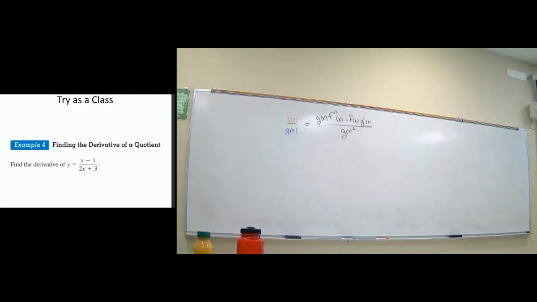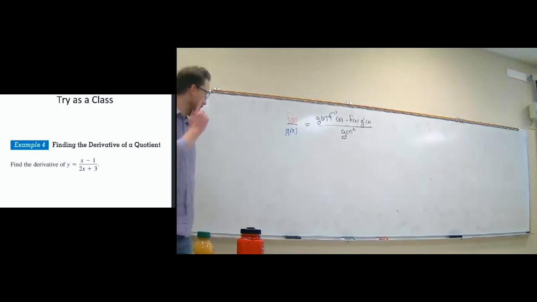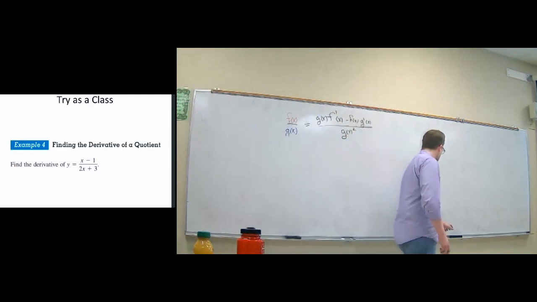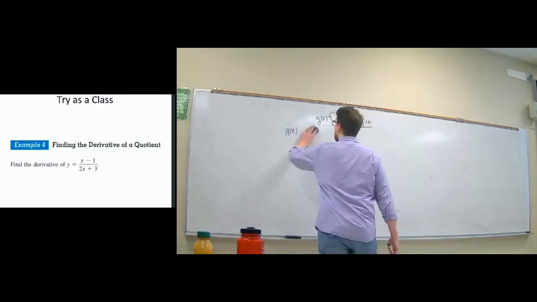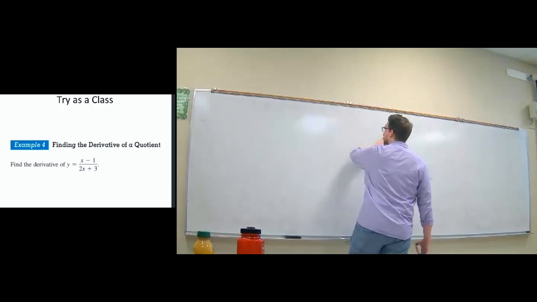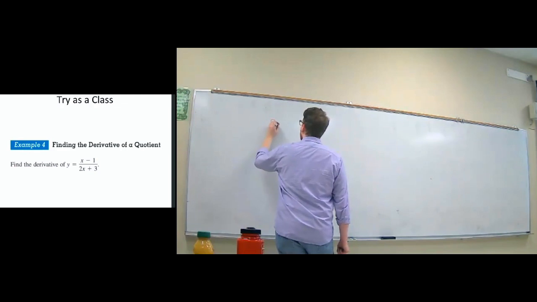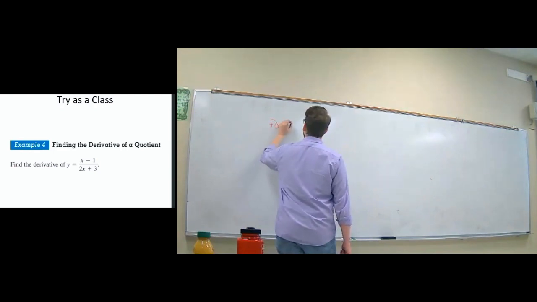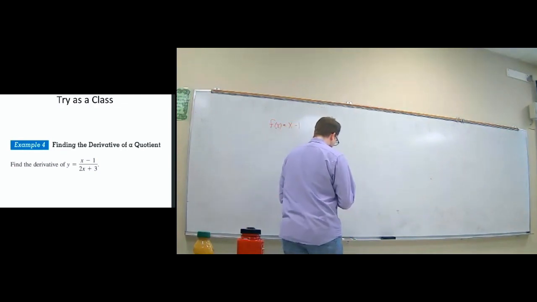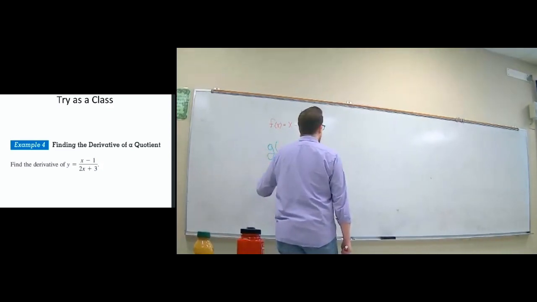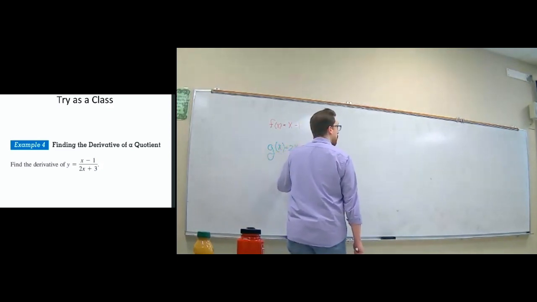All right, so let's say the derivative of this crazy beast. First, f of x is what's on top. That's x minus 1. G of x, that's what's down below. So that's going to be 2x plus 3.